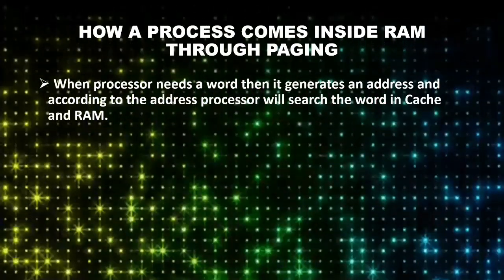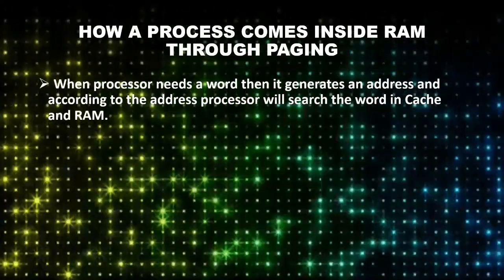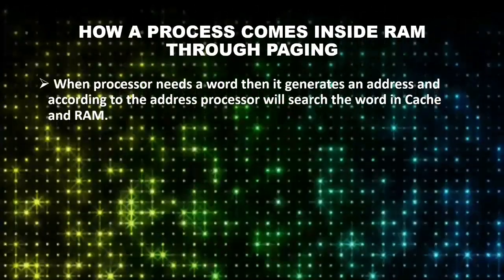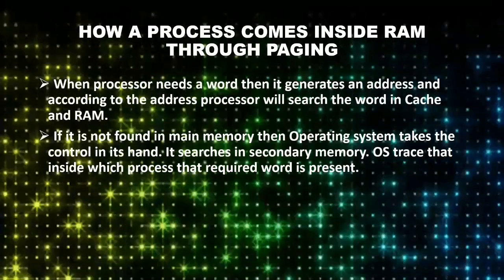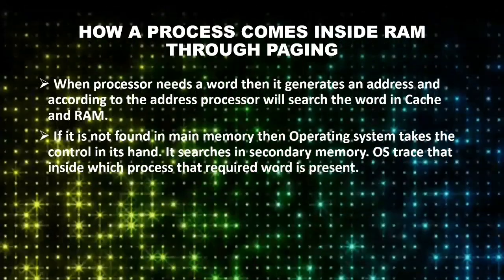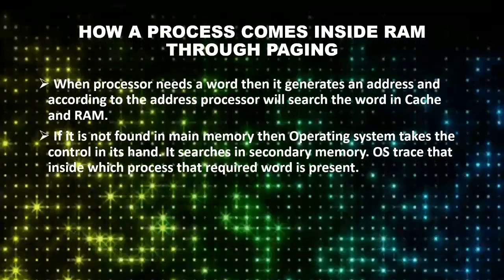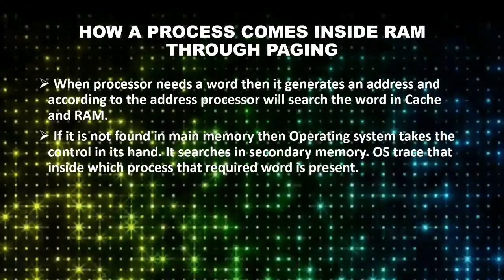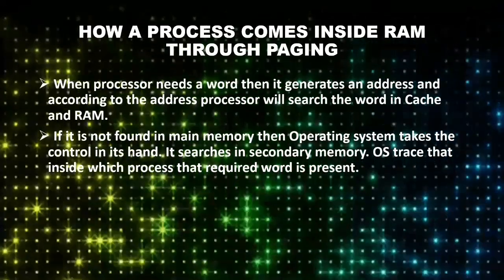Then the processor will search for the word in the main memory through this physical address. But suppose that word is not present in the main memory. Then what happens? The processor fails to find that word inside the main memory, and the operating system takes control. The operating system will continue the search inside the secondary storage to find which process contains that word.